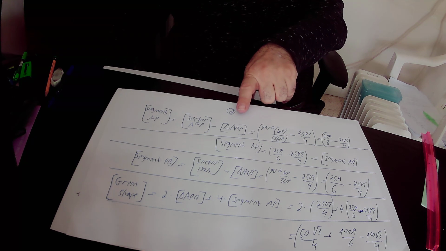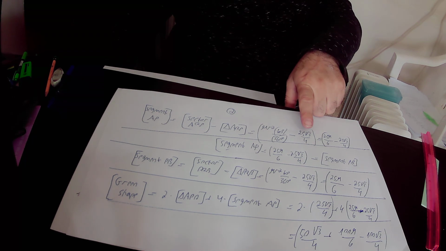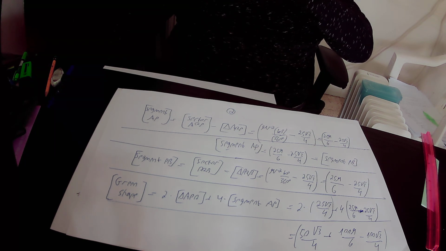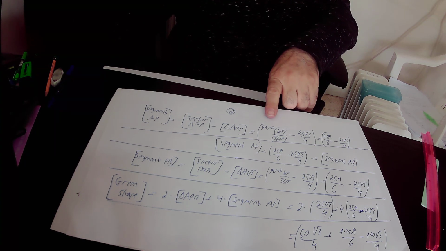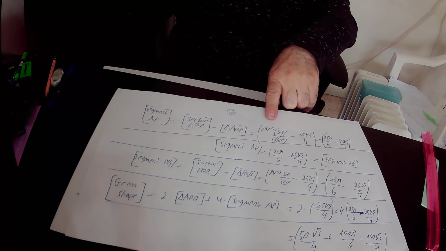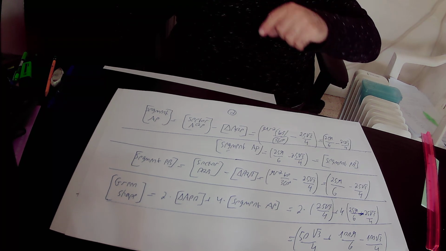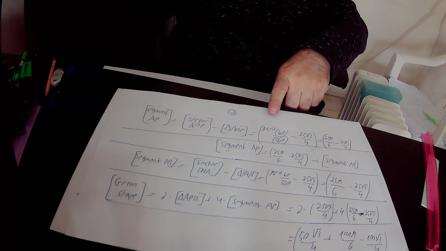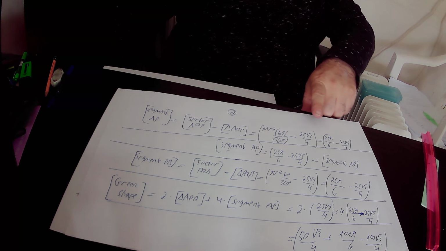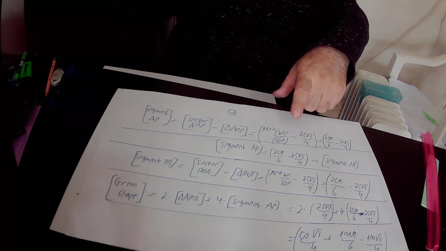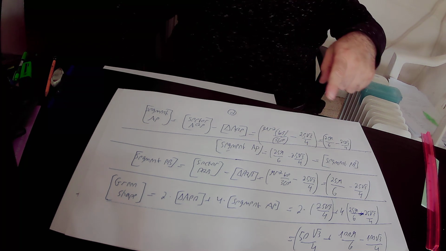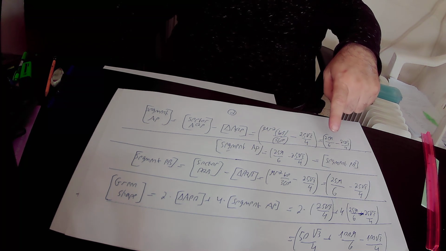And we have already found out that the area of triangle AQP equals 25 times square root of 3 over 4. So here, pi r squared, r is 5, so r squared is 5 squared, which is 25. In the numerator we have 25 pi, and 60 degrees over 360 degrees is 1 over 6, so in the denominator we have 6.